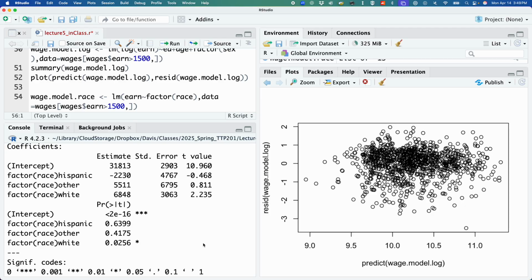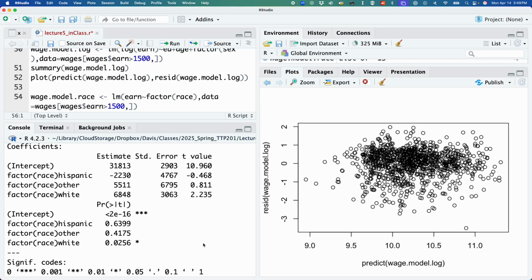But in the case that you are white, it is statistically significant at the 5% level, and so you would say I am statistically confident that if you're white, you would be making more money than the baseline race, okay? So everything is relative to the intercept.